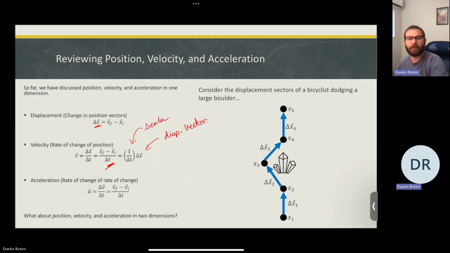Okay, so we have position, we have the rate of change of position, and then we also have the rate of change of the rate of change. So where we're at, how fast that's changing, and then how fast the changes are happening, essentially.